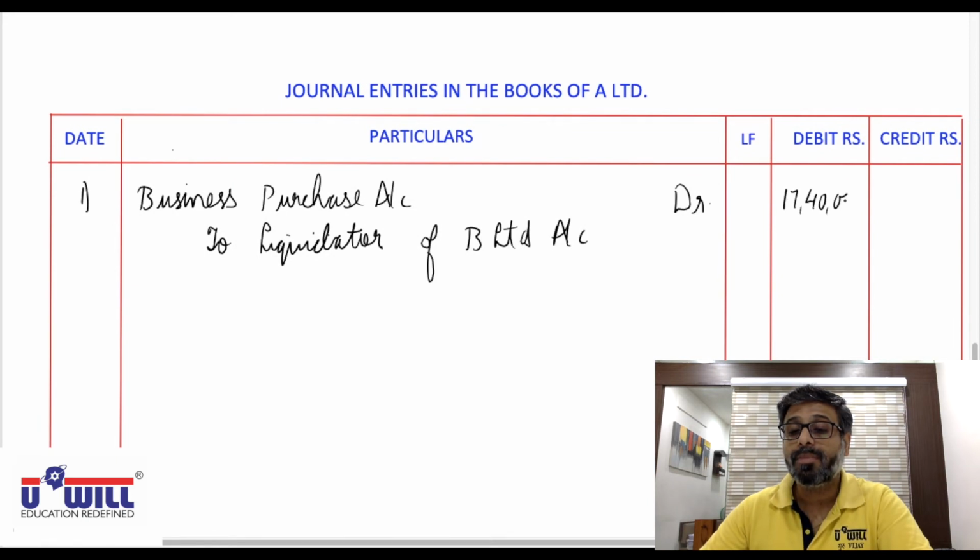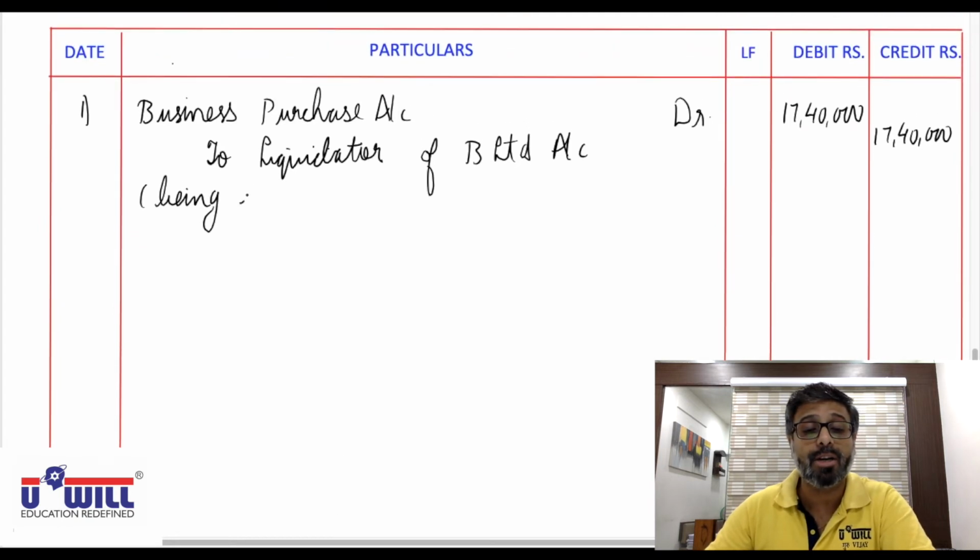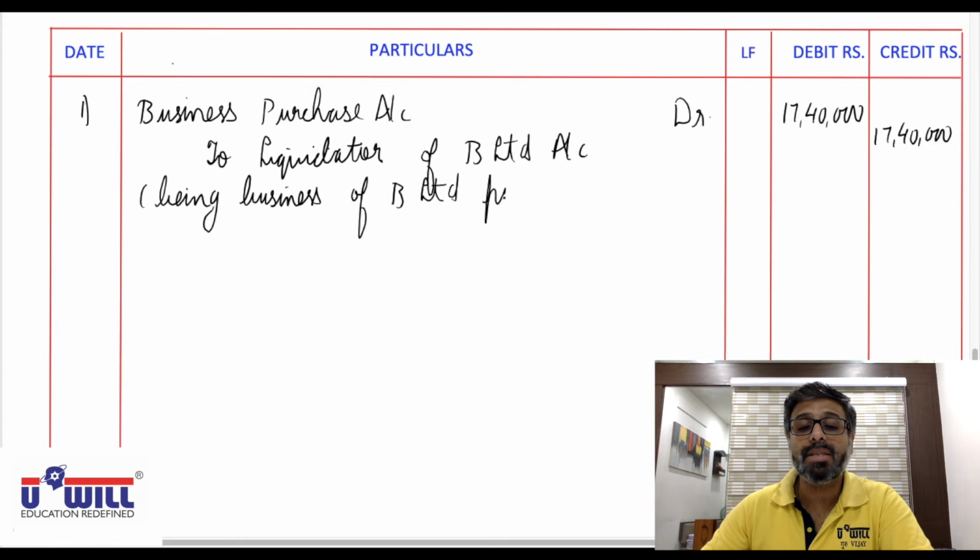Okay, business purchase account debit to liquidator of B Limited transferor company account with the purchase consideration 17,40,000, being business of B Limited purchased.